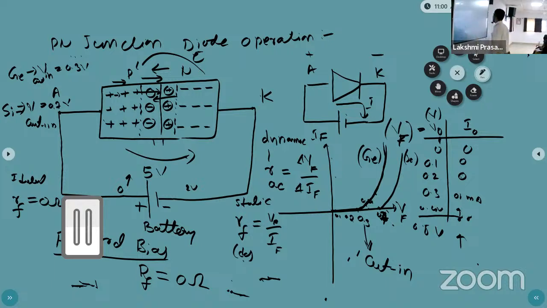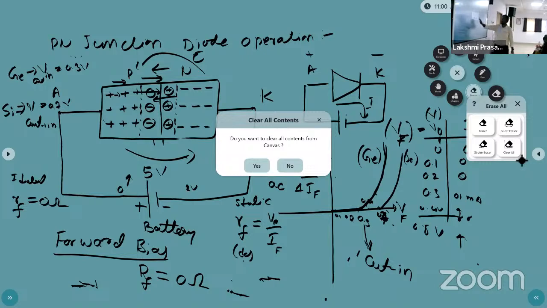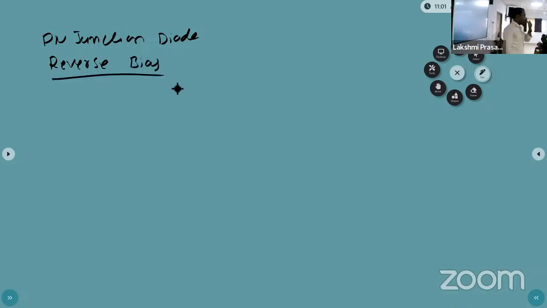Okay. Now put the heading: PN junction diode under reverse bias. Forward bias, PN junction diode under reverse bias. Now we can take the same construction diagram here also.